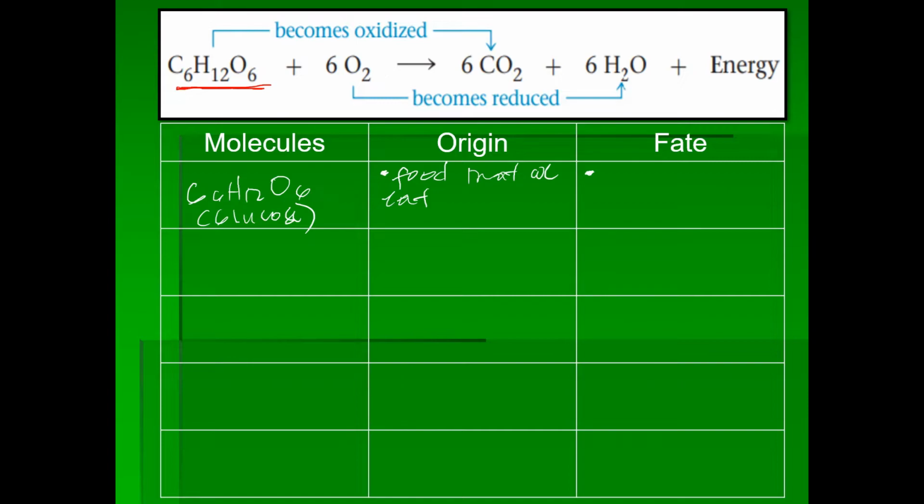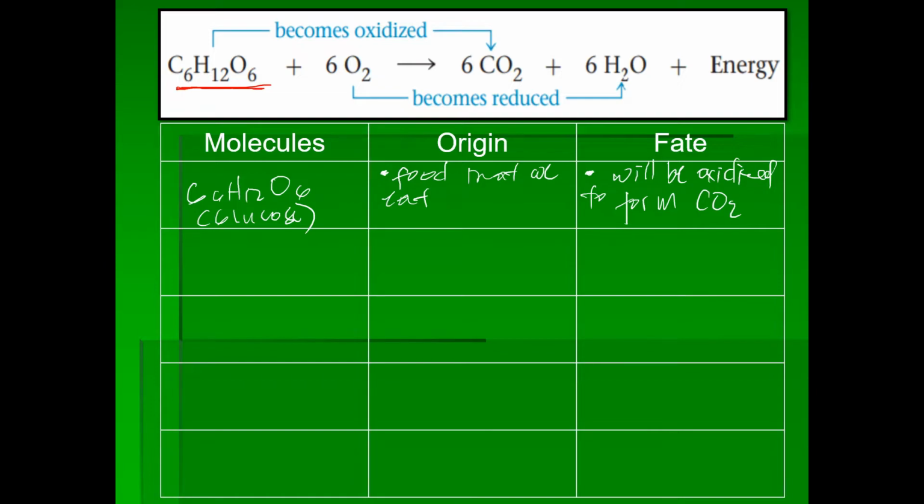In the process of losing electrons, glucose will be converted into carbon dioxide. So the fate of our glucose molecule is to be oxidized to form carbon dioxide. Okay, so that's the origin and fate of our glucose molecule.